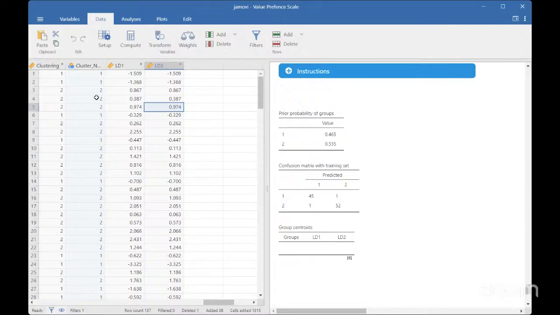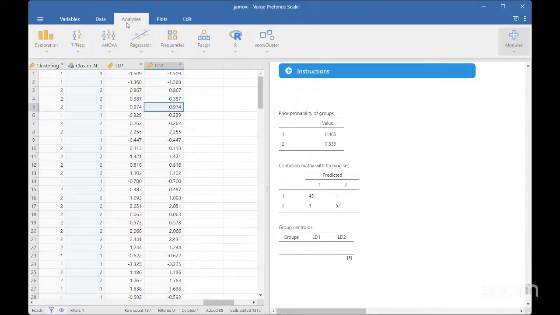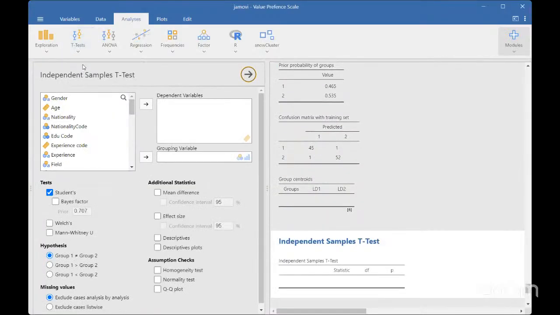So again, you go to the analysis and then t-test, independent sample t-test. Your dependent variable will be the discriminant score.